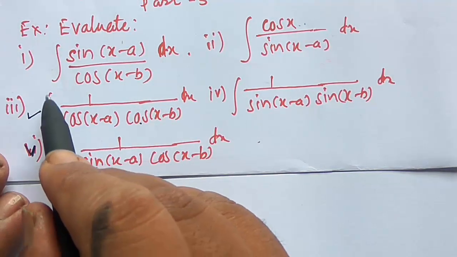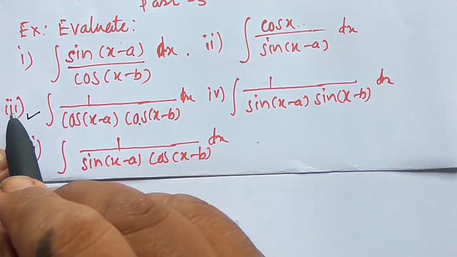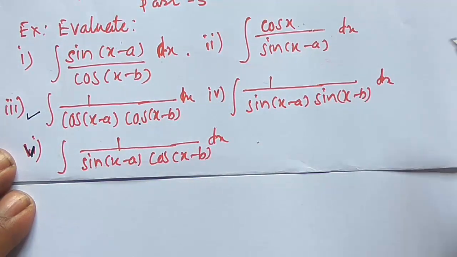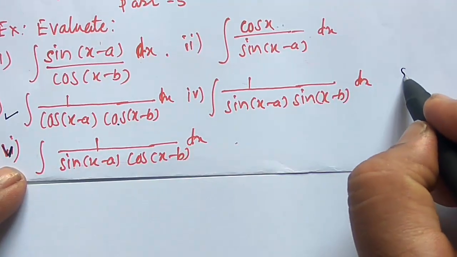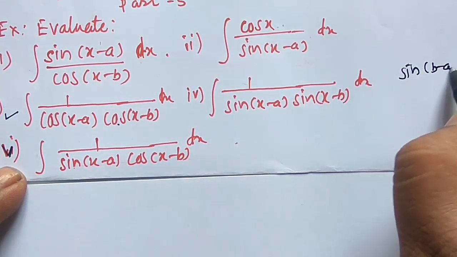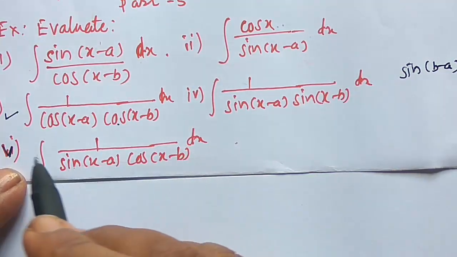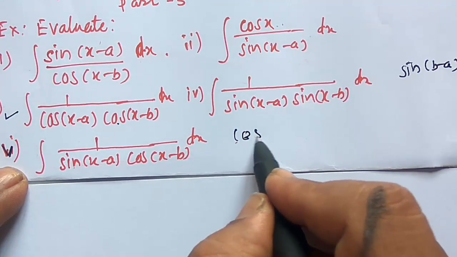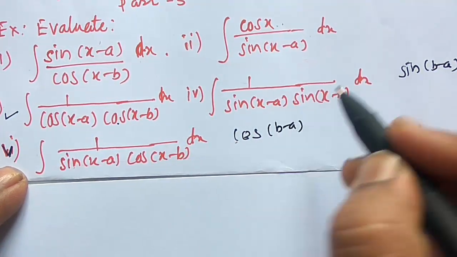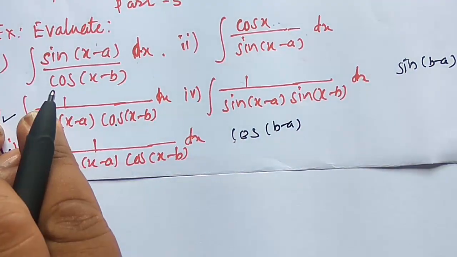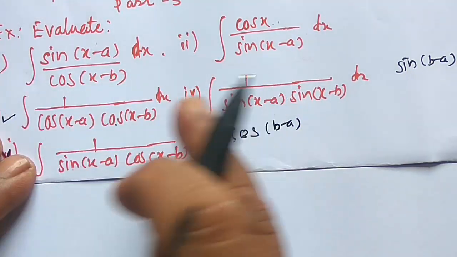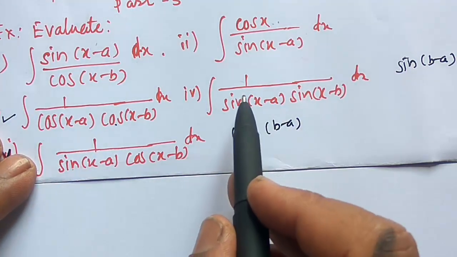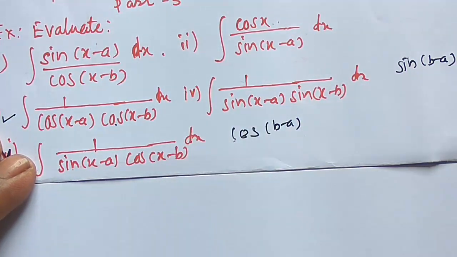So, for these two examples, number third and number fourth, we multiply and divide by sin of (b minus a), and for the fifth we multiply and divide by cos of (b minus a). I will solve the third, and the remaining is left to you as an exercise.